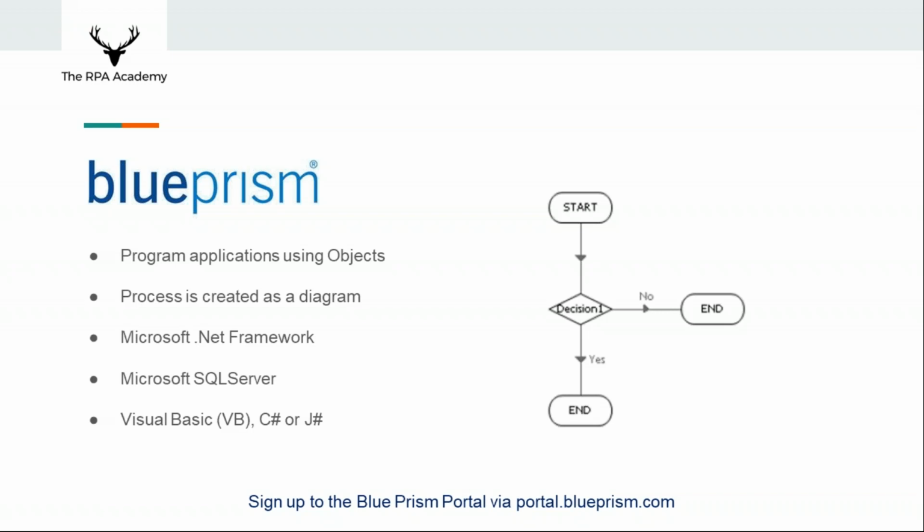You don't have to be technical at all to do Blue Prism, as you'll see in the course. It's really aimed at the business people. So they do the automations. But if you do know some programming, it is useful. Visual Basic, C Sharp, J Sharp in particular, you can make use of those things in Blue Prism for the more advanced things. So if you know a programming language, good. But if you don't, no problem.